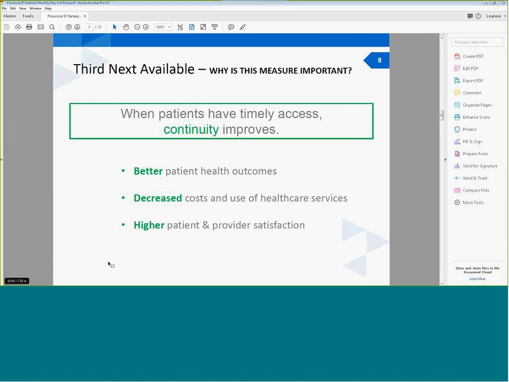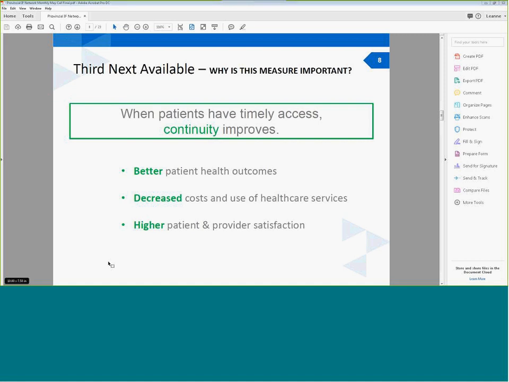But why is this measure important? Continuity seems to be the word that everyone has top of mind and certainly is the buzz. And we know that when patients have timely access, their relational continuity has the best chance of being strong. And so we know that continuity leads to better patient health outcomes, decreased costs of the healthcare system, and higher patient and provider satisfaction.